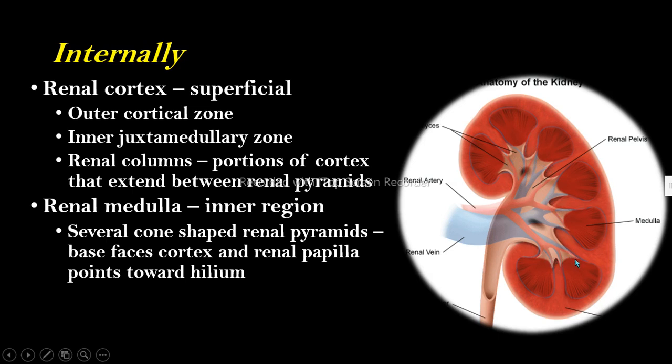And you have the minor calyx and the major calyx. So these pyramids at the apex form a renal papilla, which is cup-shaped, and since there are many, they open into these calyces.